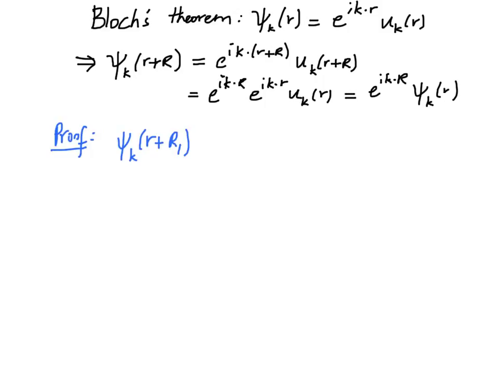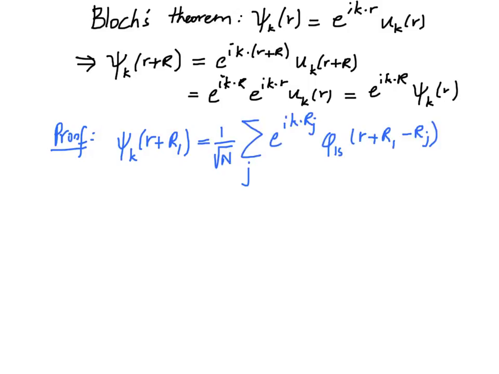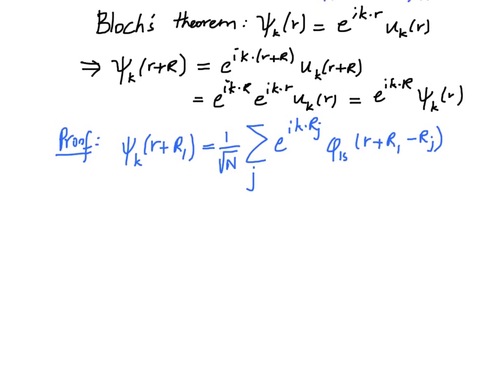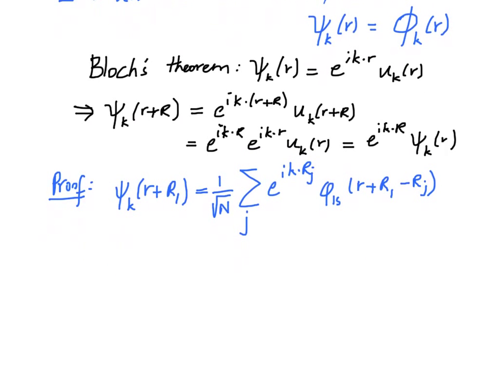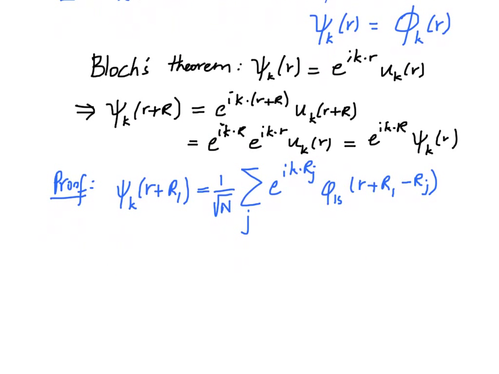Okay, so we start our proof by considering psi k of r plus R1. Capital R1 is any particular real space lattice vector, and we are going to write down the expression corresponding to this quantity. And here is our expression, and we can go back and remind ourselves that psi k of r equals phi k of r, which is what you see at the top of the screen.